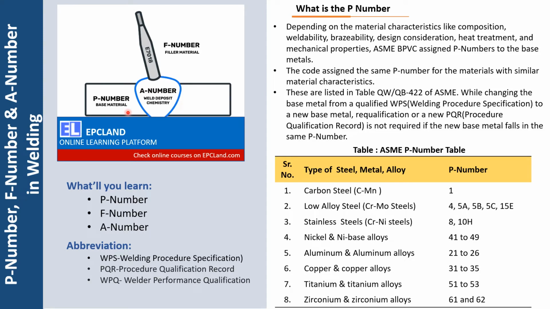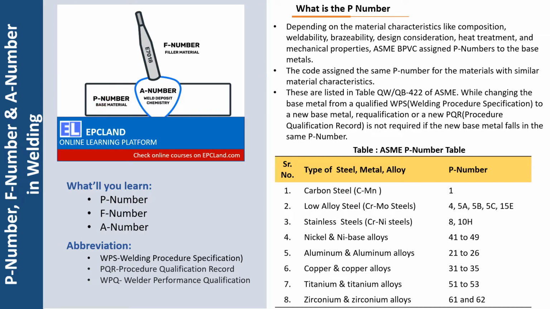All those factors are considered to define the P number value. So we list out all these parameters, relate these properties to particular base materials, list out the common ones, and we assign a number to it, that is P number.